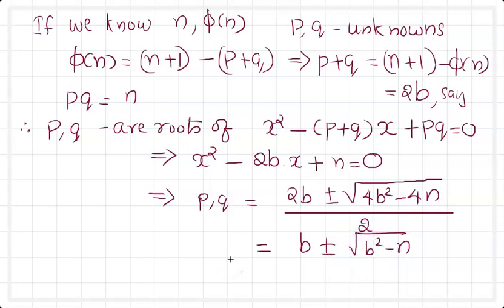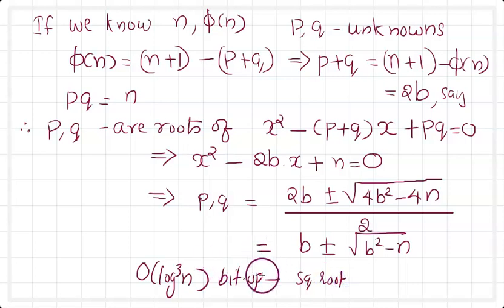We know that evaluation of the square root is the most time consuming step involved here, and we know that the square root evaluation requires big O of log cube n bit operations. Hence, the time estimate for the calculation of p and q will be bounded by big O of log cube n.